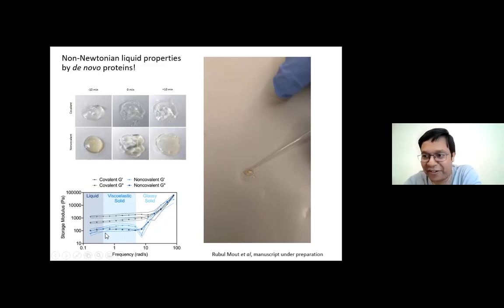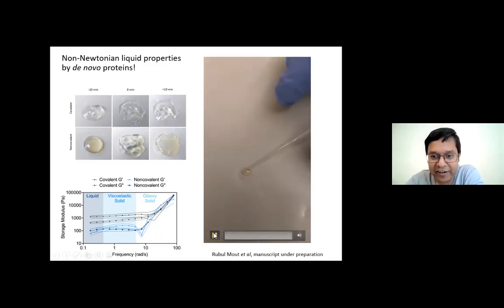We did a lot of mechanical studies to show that these laboratory-made proteins actually behave like a liquid or solid, or even a glassy solid, at different stages. Here's a video where I showed that. Usually other things break, but this one does not break.